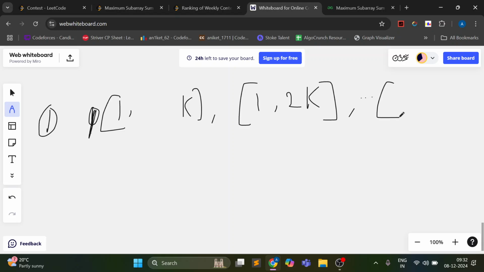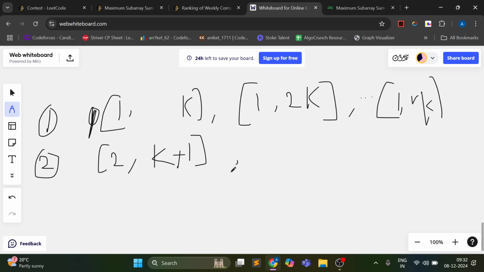This will go up till 1 to rk, let's say, such that r times k is less than or equal to n. Note that we have considered one-based indexing. Now, the second possible arrangement can be 2 to k plus 1. Similarly, 2 to 2k plus 1.